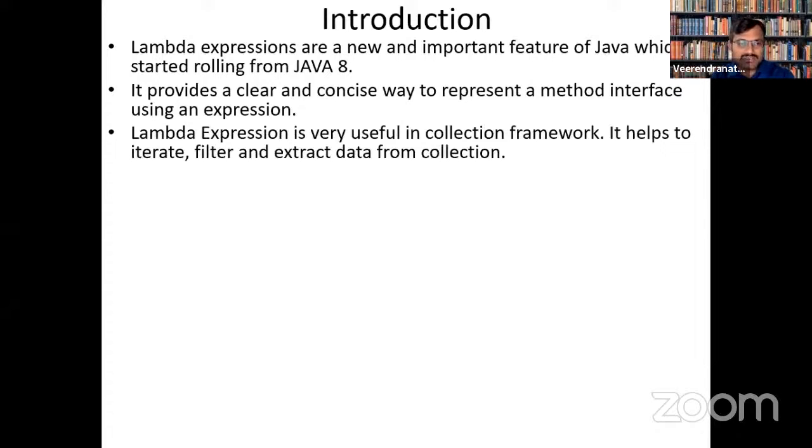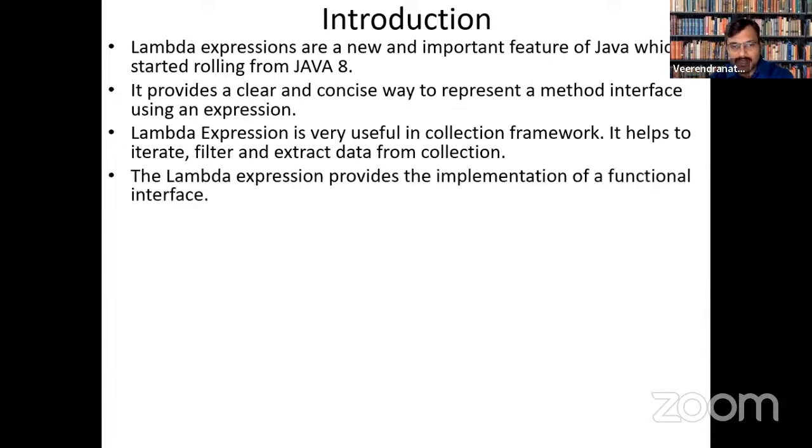It is mostly used in the collection framework. You have an idea of the collection framework, wherein we have things like lists, maps, and trees. You will mostly use these Lambda expressions in the collection framework in real time, to extract information and filter out data.